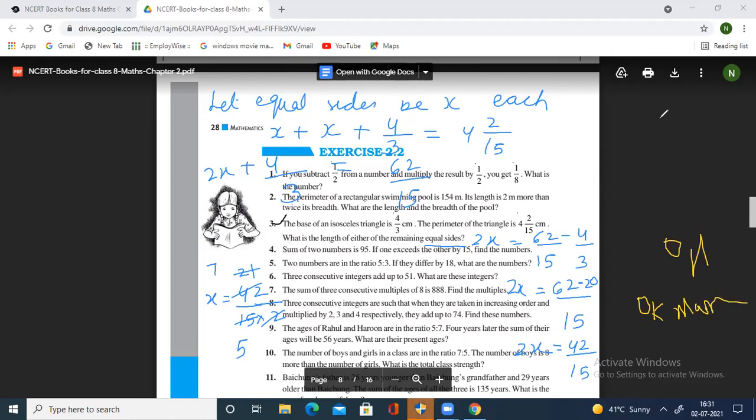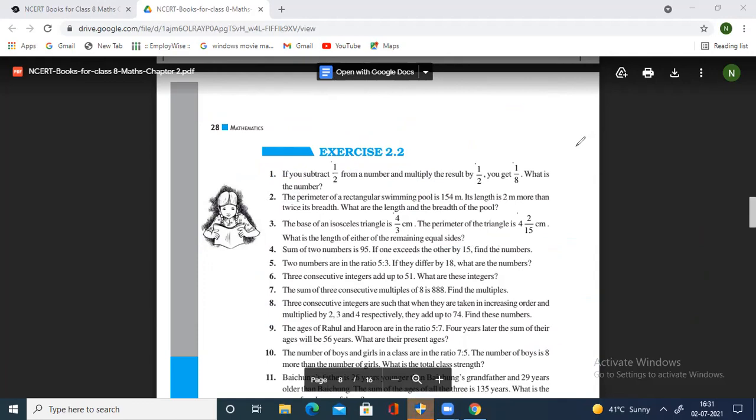Okay, Mahika. I'm clearing all this. Now you tell me your next doubt. In rational number, okay. So now you can close this file of yours and you can open rational number.